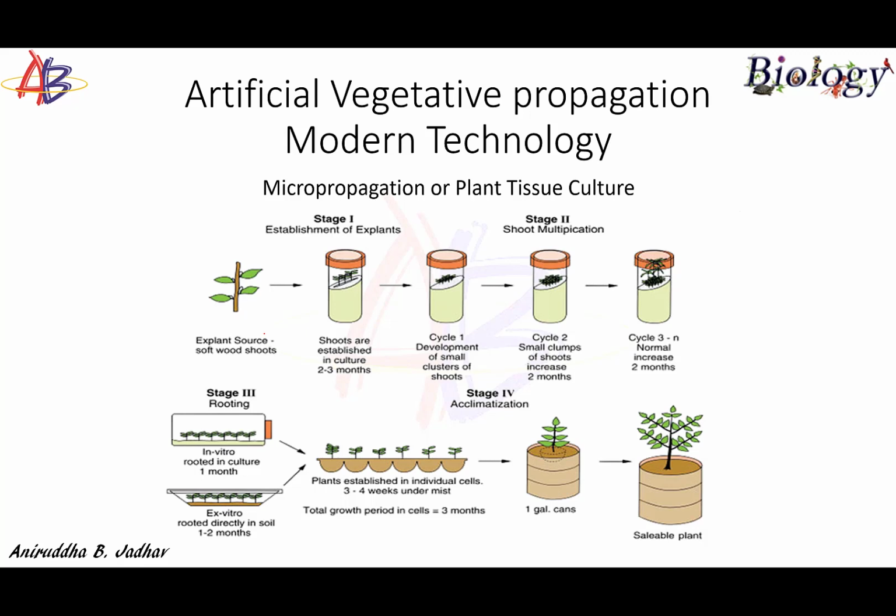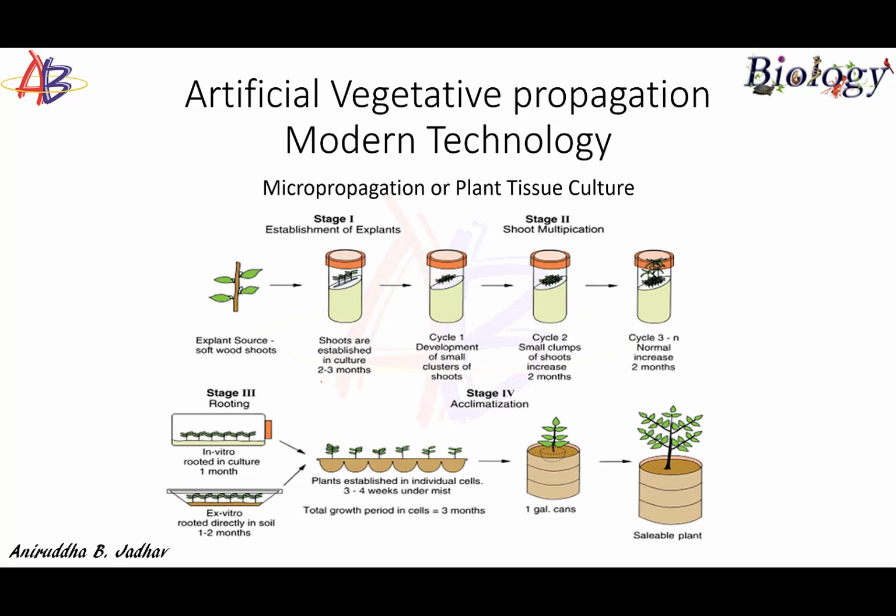For achieving this, different types of chemicals like alcohol, sodium hypochlorite or calcium hypochlorite are used. Once the surface sterilization is done, the explant is washed with sterile distilled water. Then it is shifted onto the nutrient medium.